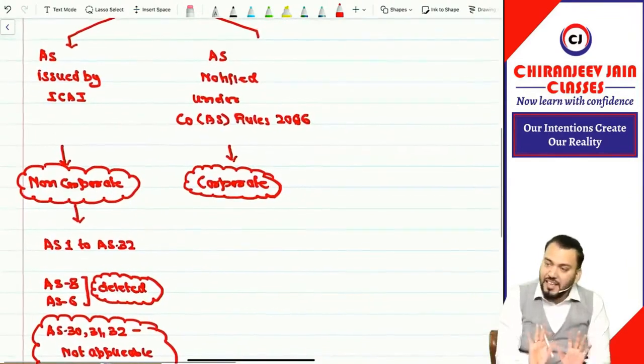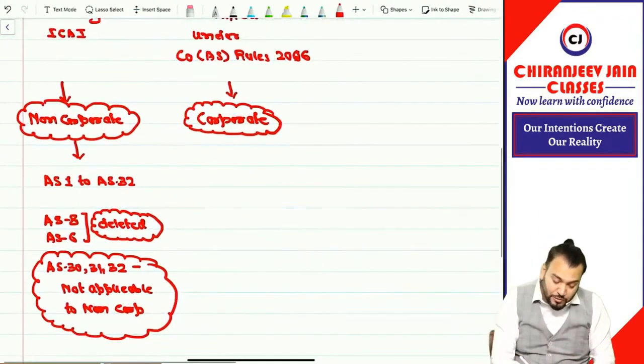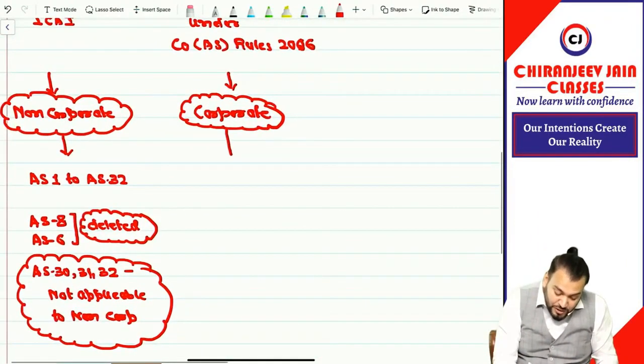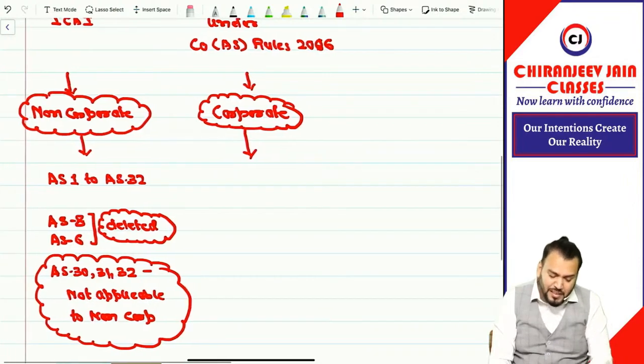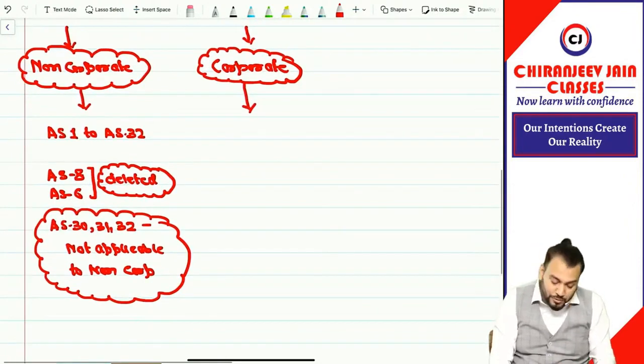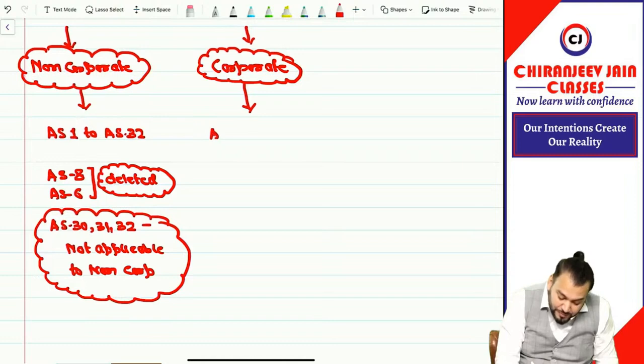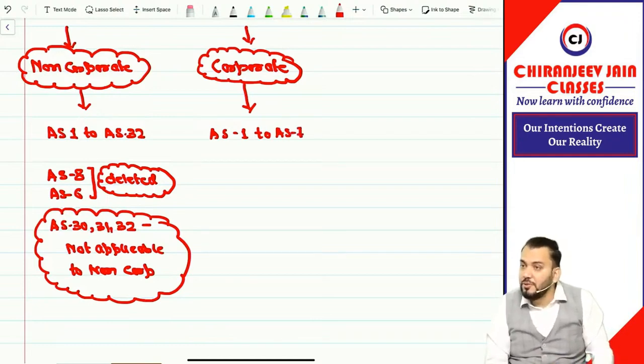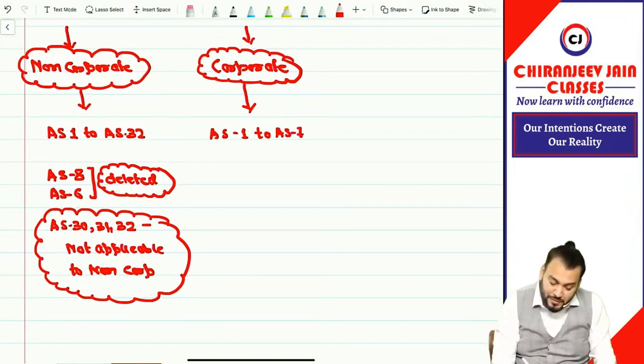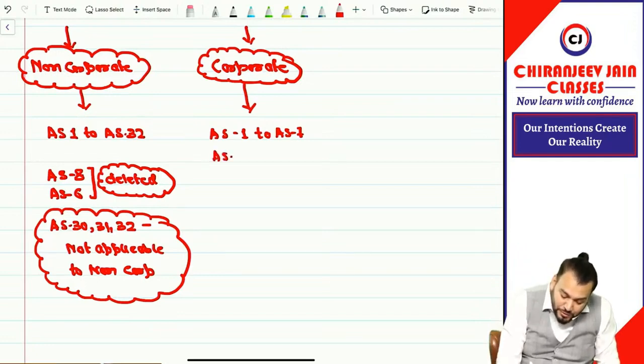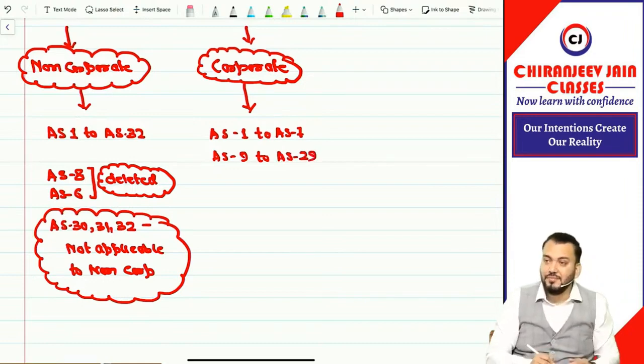I hope you have understood AS issued by ICAI. Now coming to AS which has been notified under the Companies Accounting Standards Rules. So this is AS1 to AS7, and then AS9 to AS29.